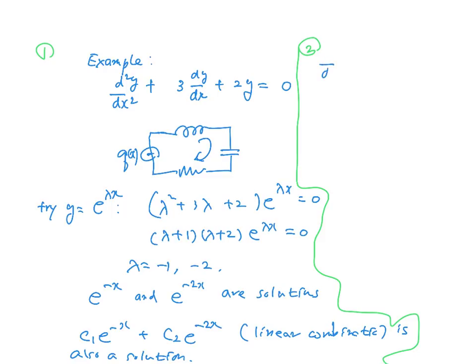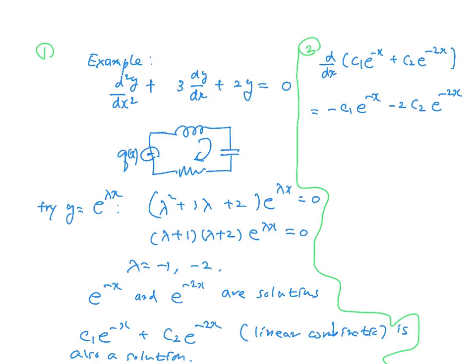So what is d/dx of c1 exponential minus x plus c2 exponential minus 2x? That is minus c1 exponential minus x minus 2c2 exponential minus 2x, right?